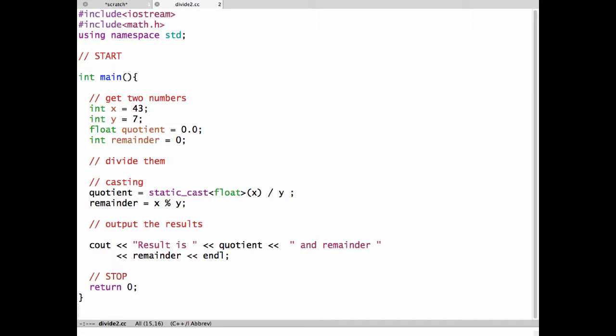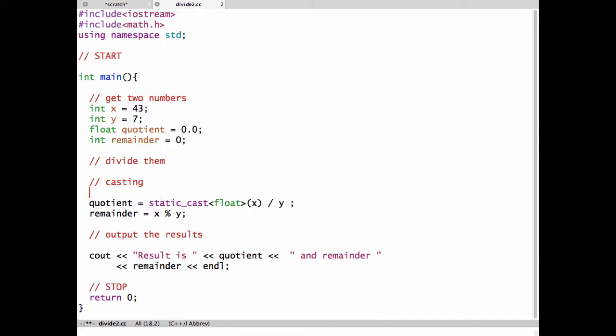If you just search math.h on Google, you will find a whole list of all the different mathematical functions that it will provide for you. The one we're interested in today is the one that rounds up. What was that called? Ceiling.